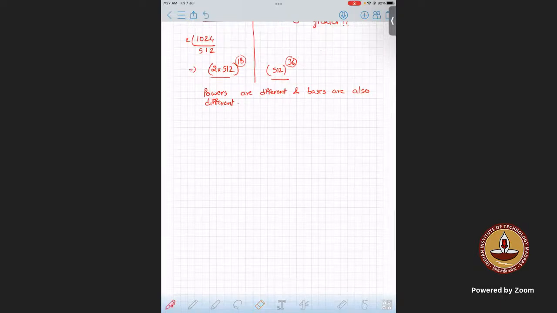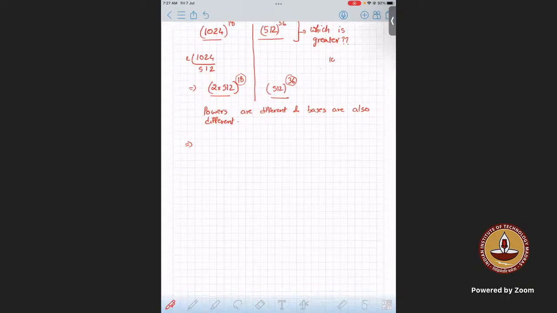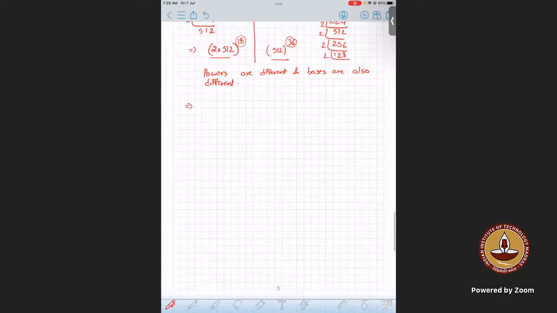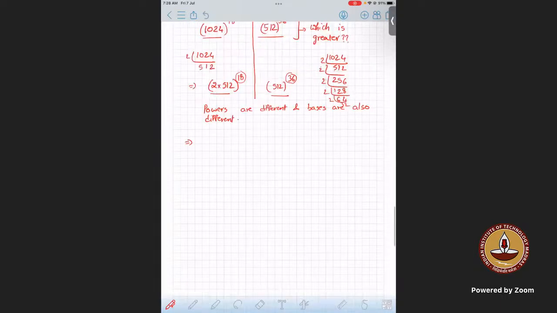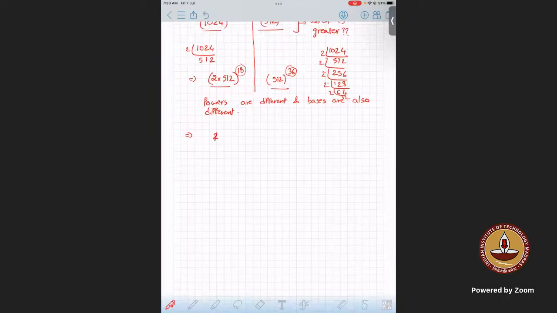Now what we should do is equalize the bases. 1024 is 2 power 10, you can check.